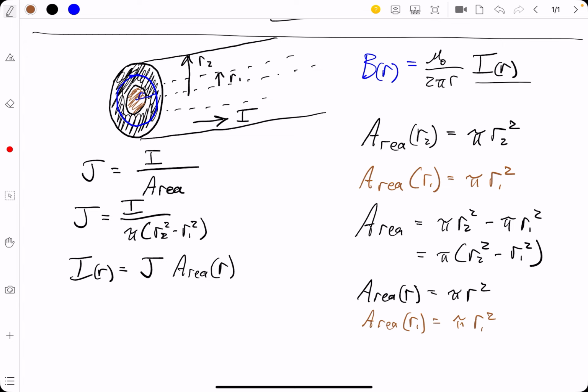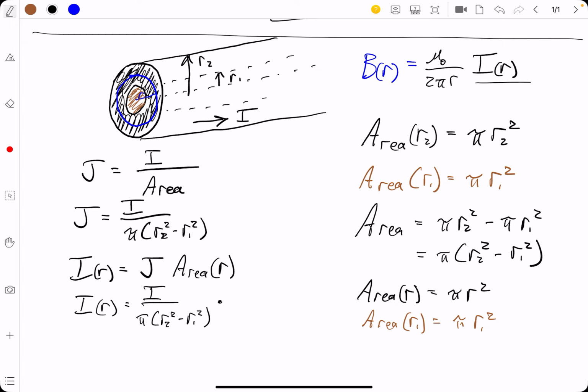So we'll end up with I(r) equals J. We just figured out what J is. So J is equal to our current over pi times R2 squared minus R1 squared.